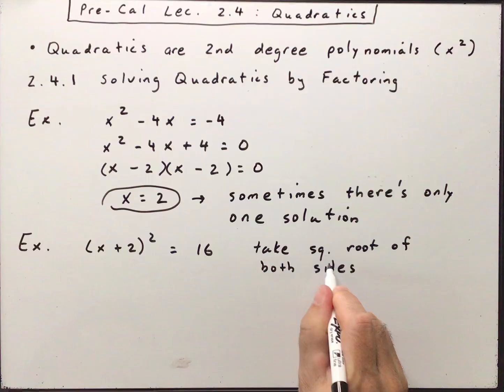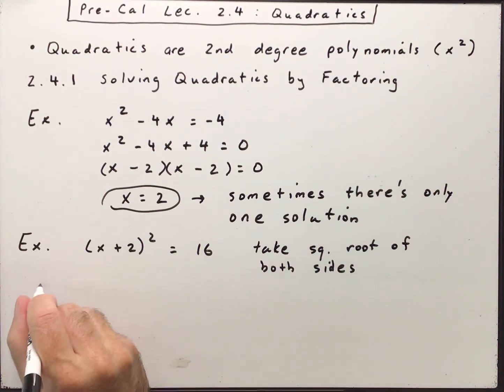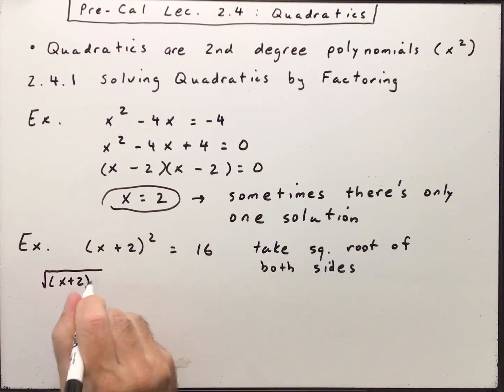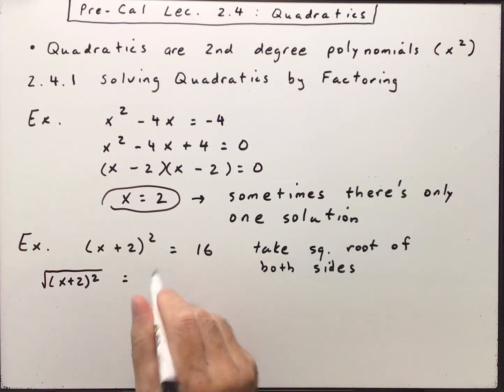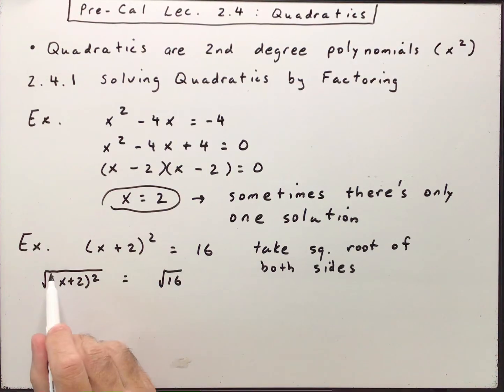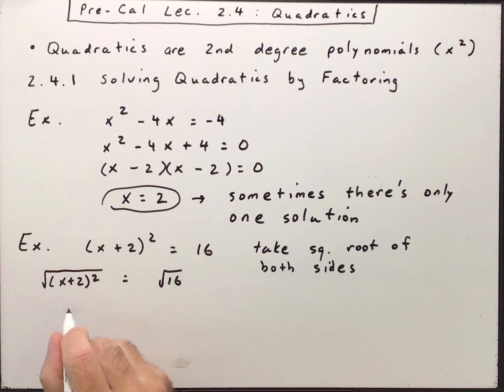Now when you do that, we do introduce a potential problem. But let's take the square root of x plus 2 all squared is equal to the square root of 16. Now if you take the square root of something squared, then the squared part and the square root part cancel each other out, and all you have is x plus 2.